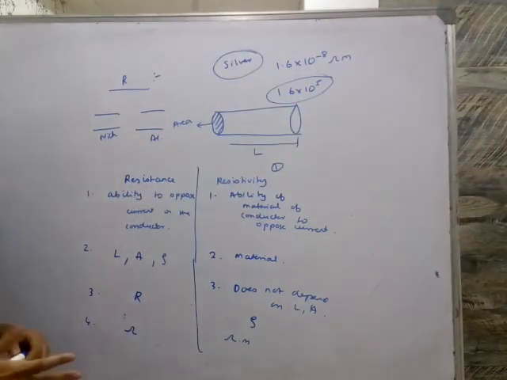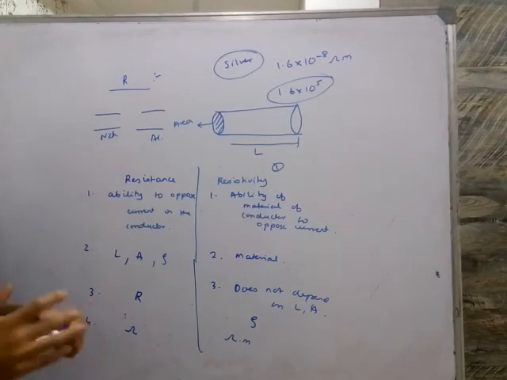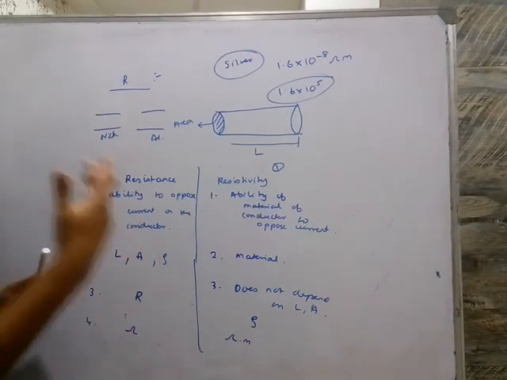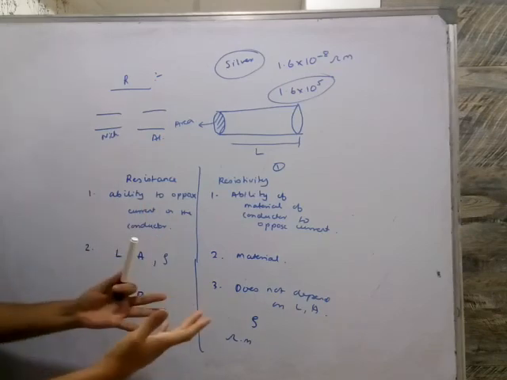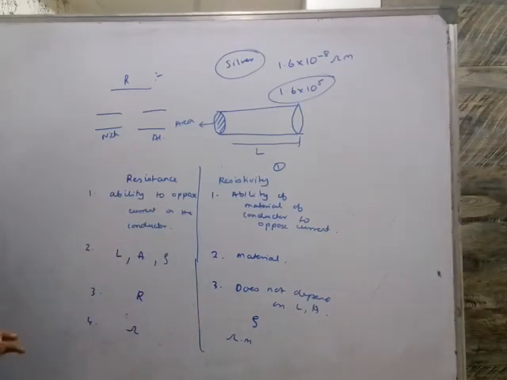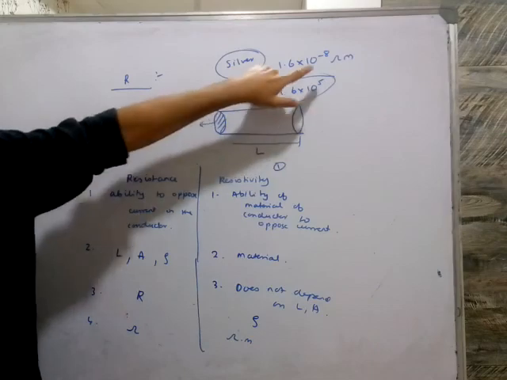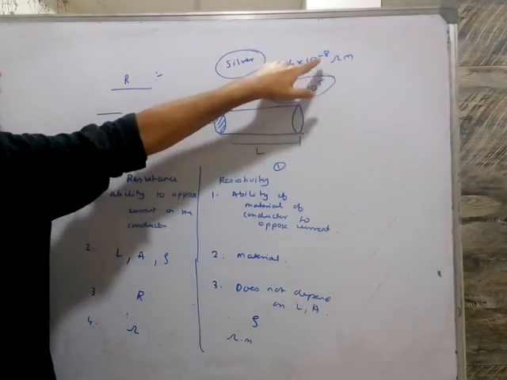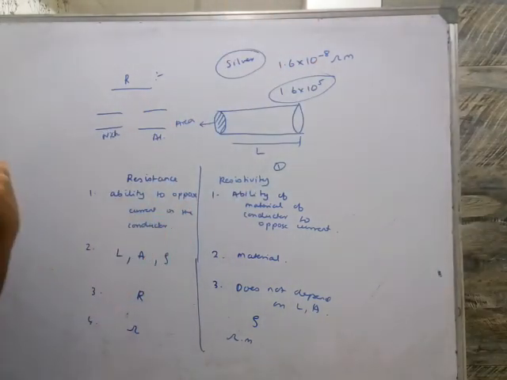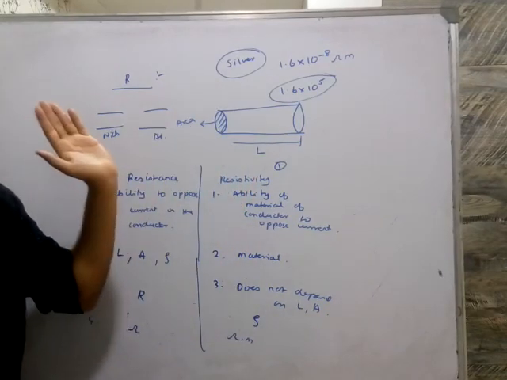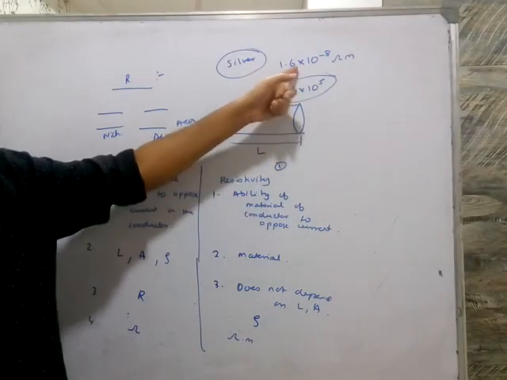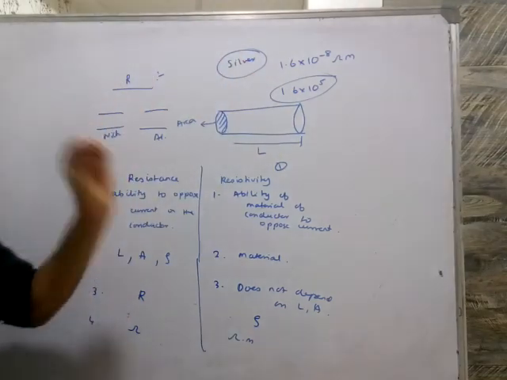Because it has a negative power, the resistivity is very less. If resistivity is very less, what can we say? We can say that current is more. Less resistivity, more current. More resistivity, less current. Because silver has the least resistivity, it is a good conductor, allowing a good amount of current to pass, and it is called the best conductor of electricity.